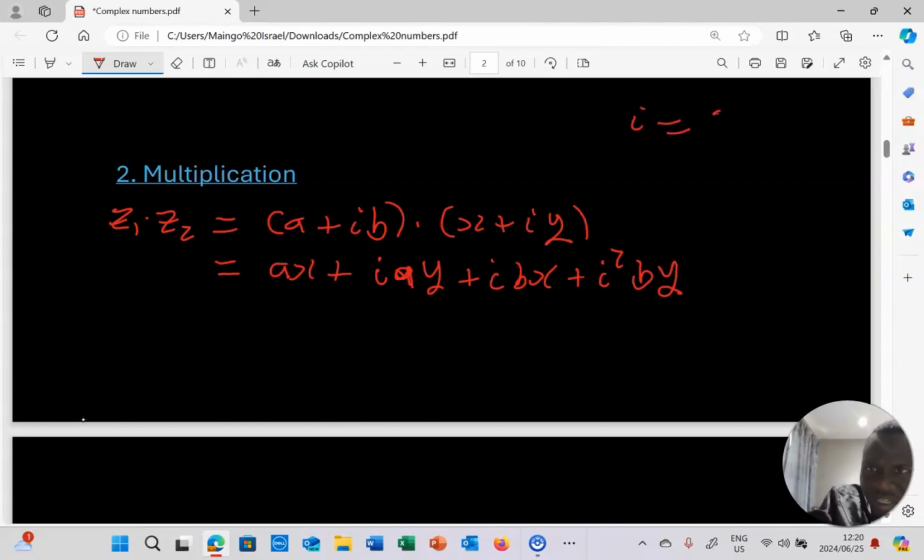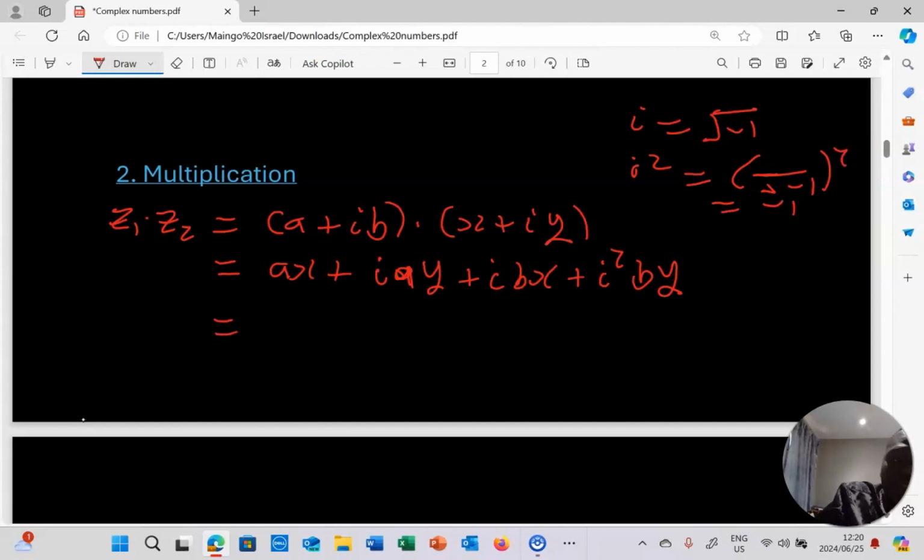Remember, i represents the square root of -1 in complex numbers. So i squared will be the square root of -1 all squared, which is just -1, meaning that i squared is -1. So this will be equal to AX plus i, we can take i outside here, we have AY plus BX, sorry.